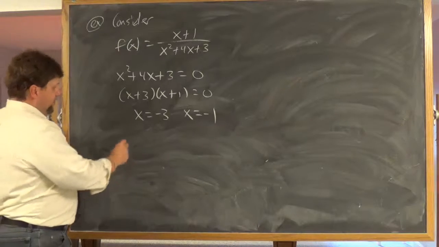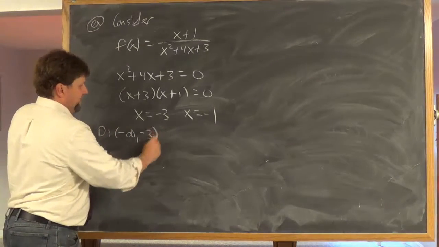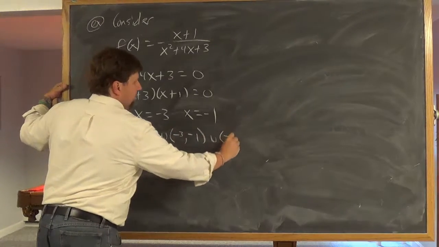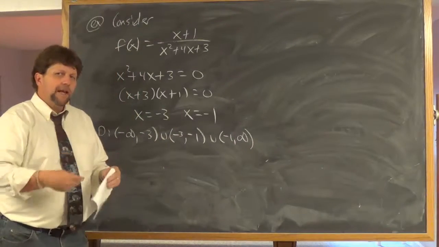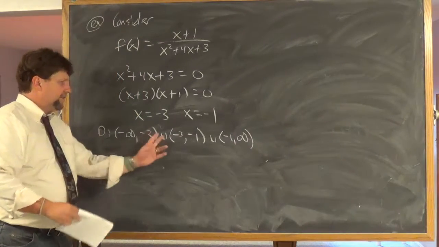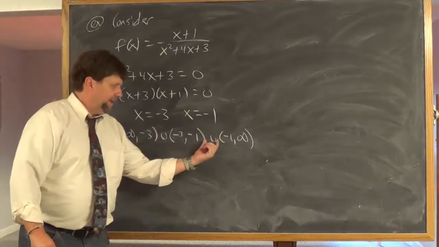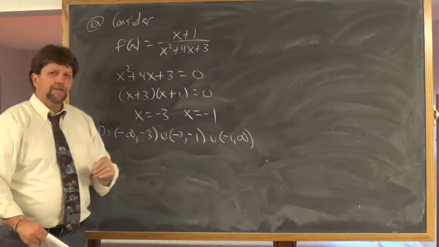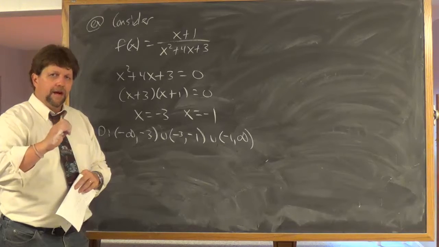So just a review, that tells me the domain is -∞ to -3, union with -3 to -1, union with -1 to infinity. But now I'm going to ask the question about these excluded domain values. -3, it's not in the domain. -1, it's not in the domain. Would the graph of this function have a vertical asymptote or a hole in the graph?